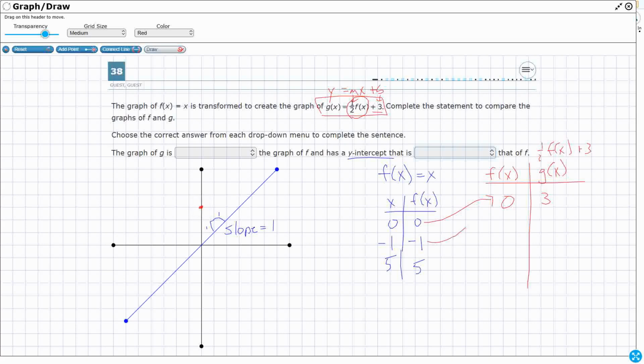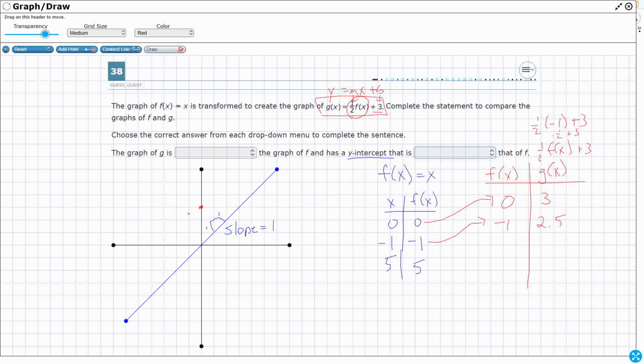If I have a -1, I end up with 1/2 times -1 plus 3. What is that going to be? That's going to be -1/2 plus 3, so that's 2.5. So this -1 is going to be right there.